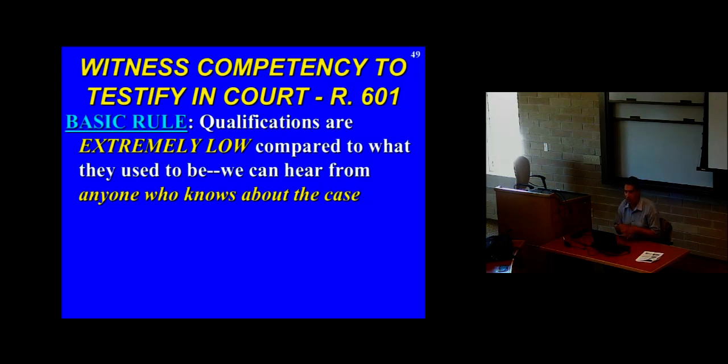All you have to do is basically, and I mean very basically, be able to communicate, be able to understand the difference between right or wrong, the consequences of perjury, the ability to communicate, even if it's very rudimentary, the ability to remember something. Your memory may be foggy, but you can't have no memory whatsoever. So the qualifications are very, very low.